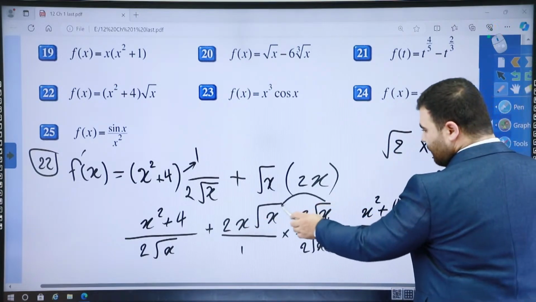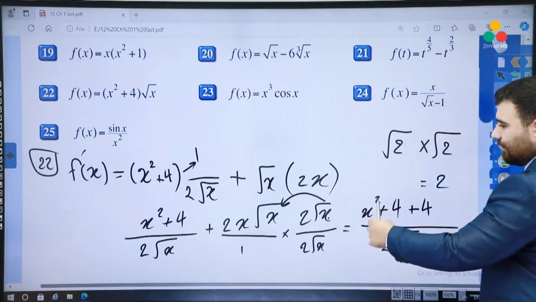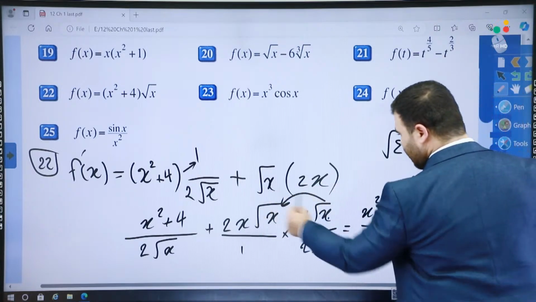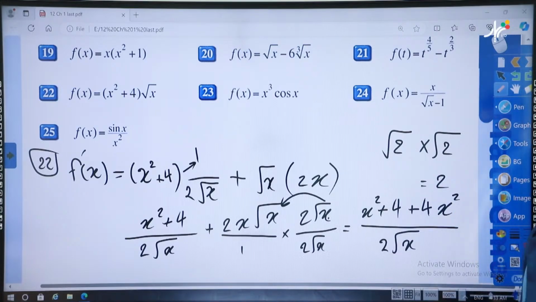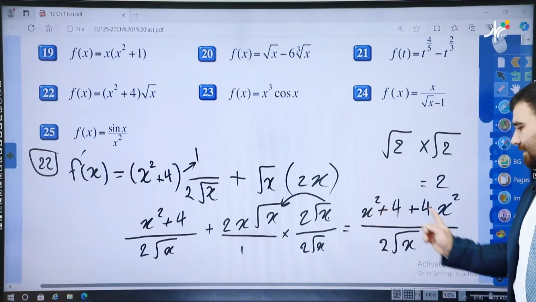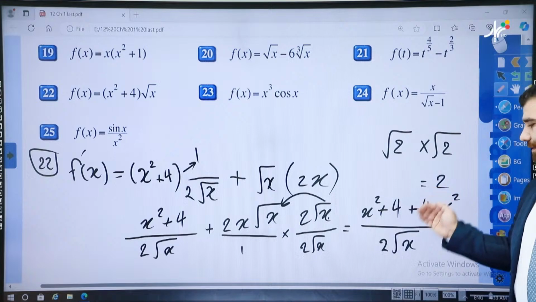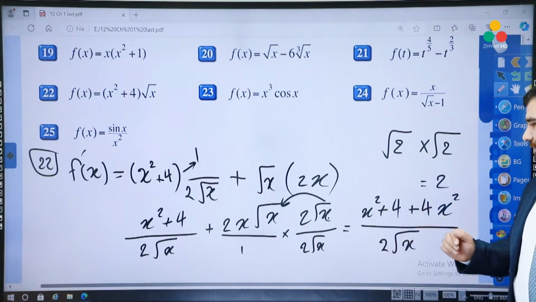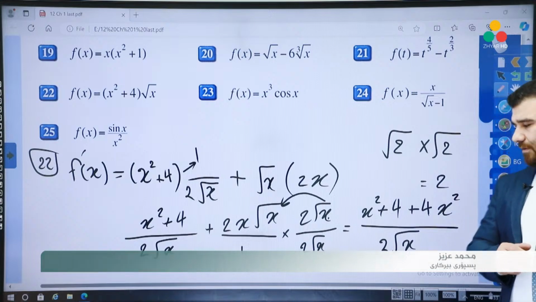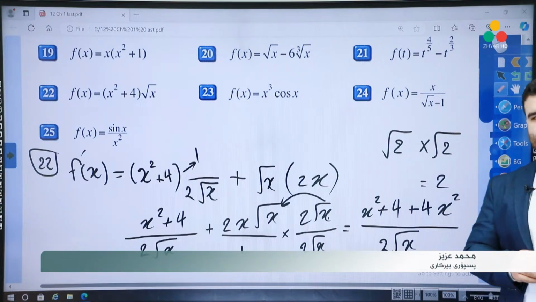Square root x times square root x, the square root will be cancelled. It will be like x. And there is another x to be multiplied, x power 2. The final answer is 5x power 2 plus 8 over 2 square root x. The 2 will be cancelled as well. So 5x power 2 plus 4 over square root x.